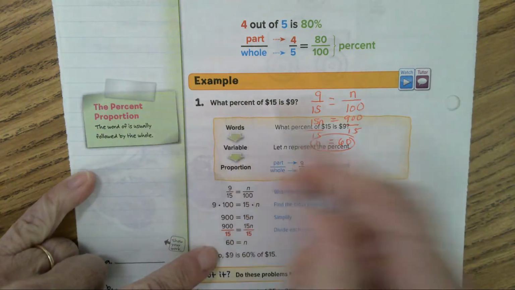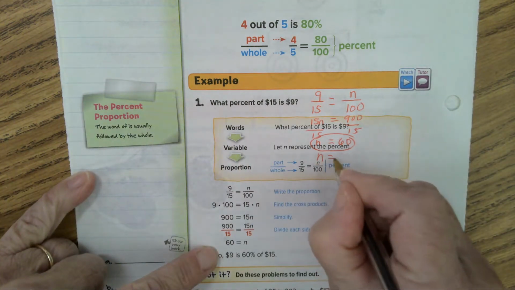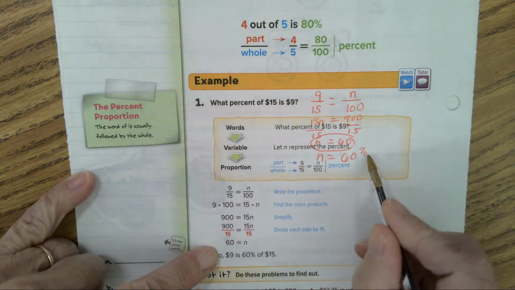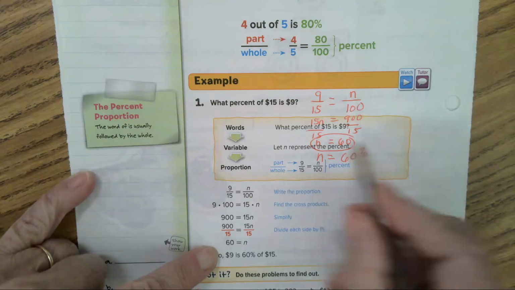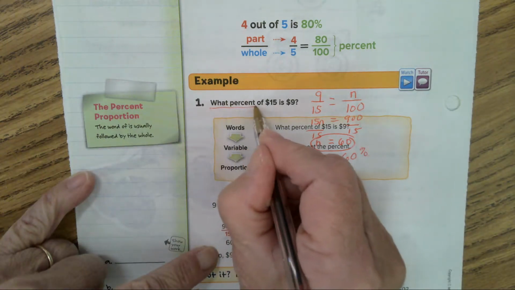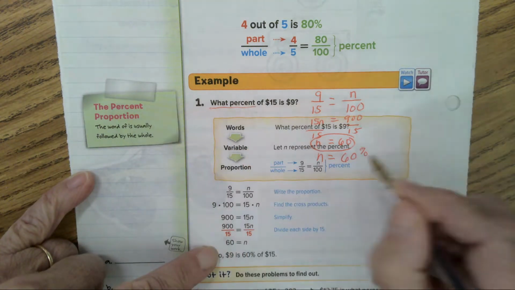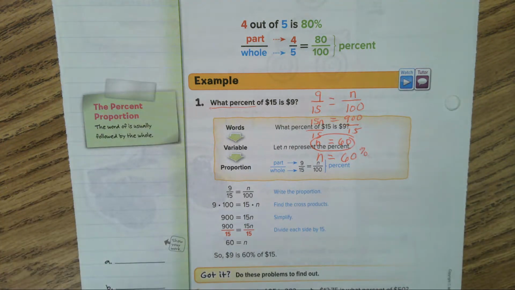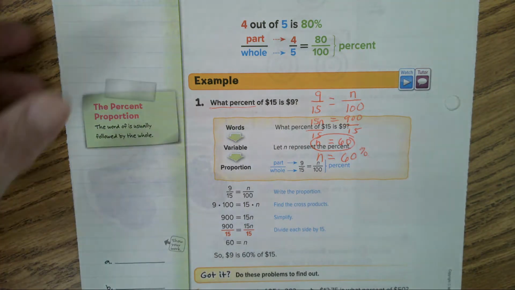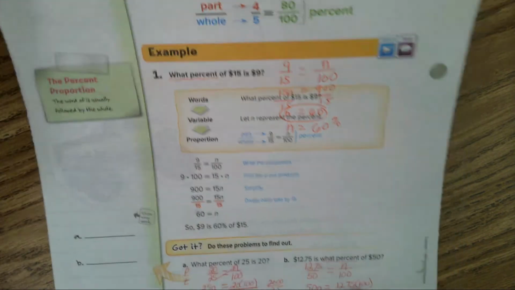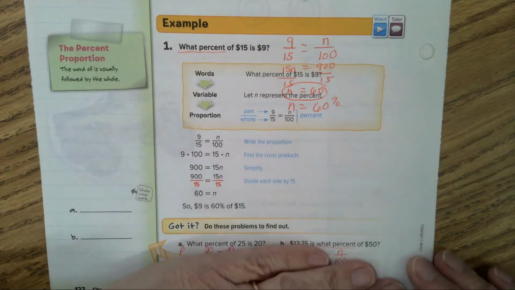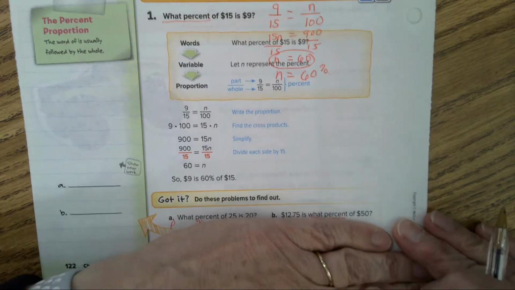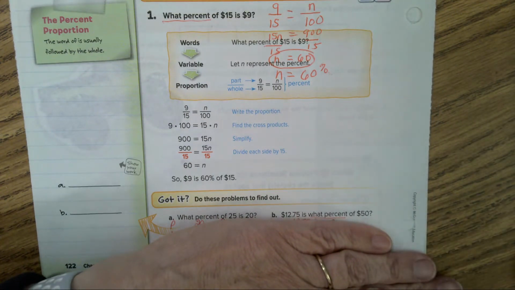What percent? So my final answer will be 60%. The only time you put a percent with the answer is when it asks for what percent. When it says that, then make sure you put a percent sign there. Any questions? Okay. Now, I want you to go ahead and do A and B. I've done them before, so I don't want you to see the answers. And then we'll go over the answers in just a little bit.